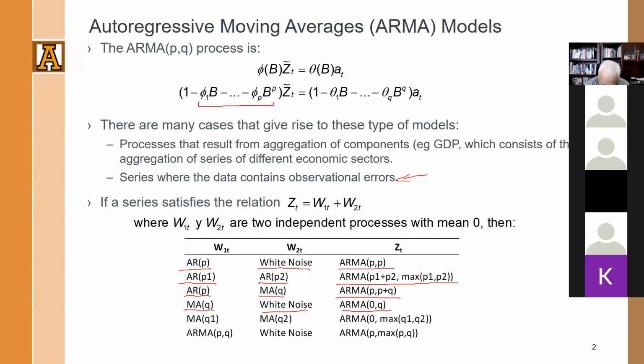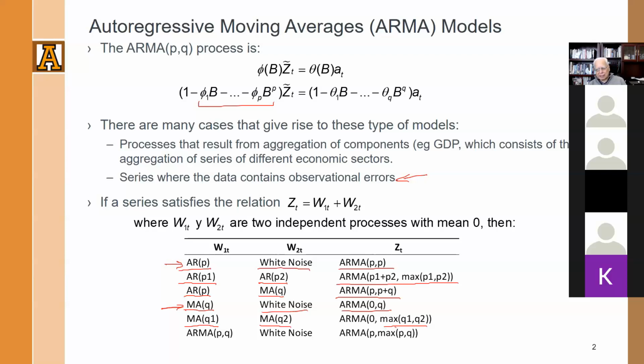If I add white noise to an AR(p), I get an ARMA. If I add noise to an MA(q), I get an MA process, which is an ARMA(0,q). If we have two MA processes with orders q1 and q2, then we again get a moving average process with order the maximum of q1 and q2.